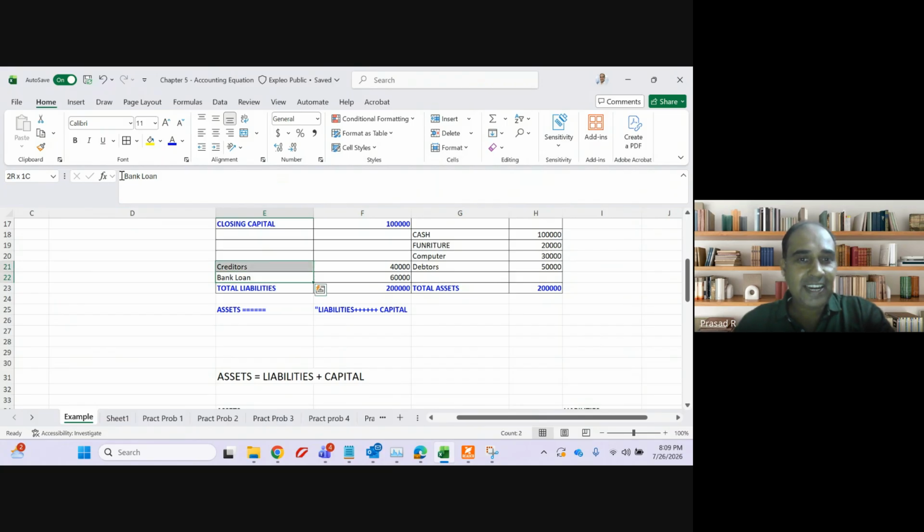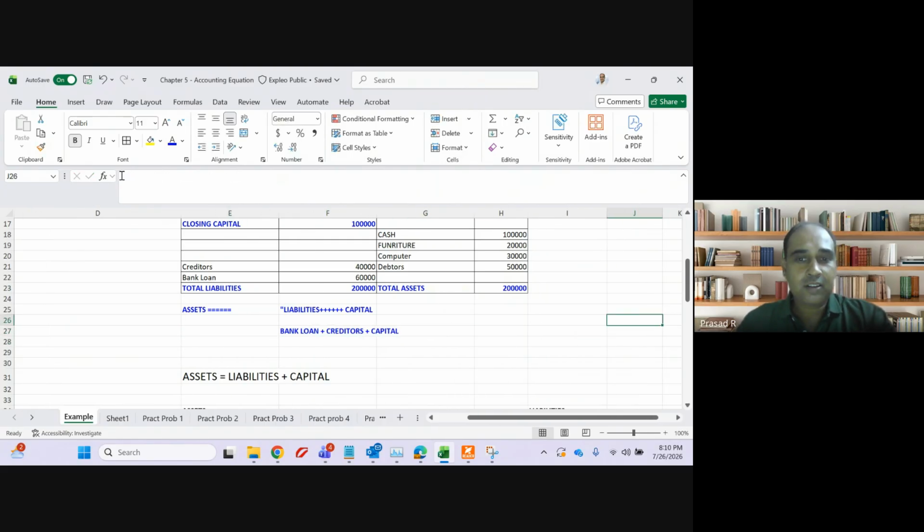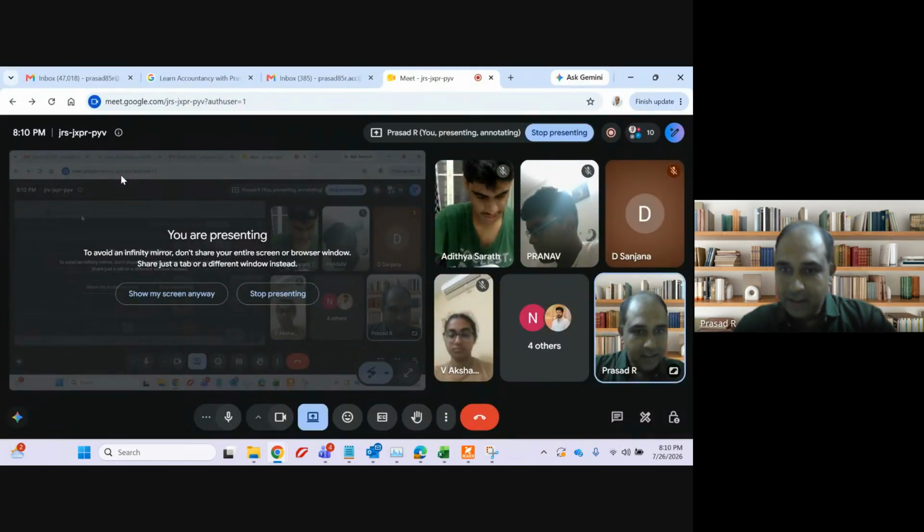Bank loan, creditors. Bank loan and creditors are the liabilities. So if I add, in this example, bank loan plus creditors plus capital, it will be equal to what? It will be equal to my cash plus furniture plus computer plus debtors. Are you getting it, guys?